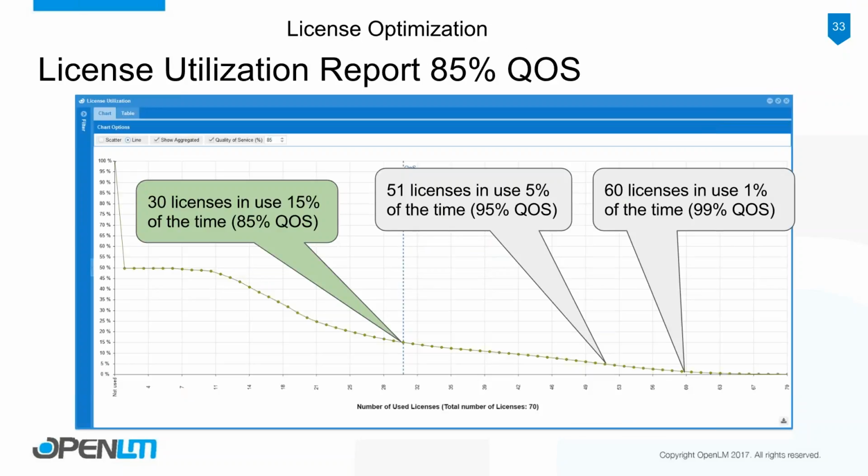But this time, for example, the user entered 85. It's exactly the same graph, but now 85% is the threshold that is marked by the dotted line. So for this level, having just 30 licenses will suffice. That's less than half of the current license inventory.